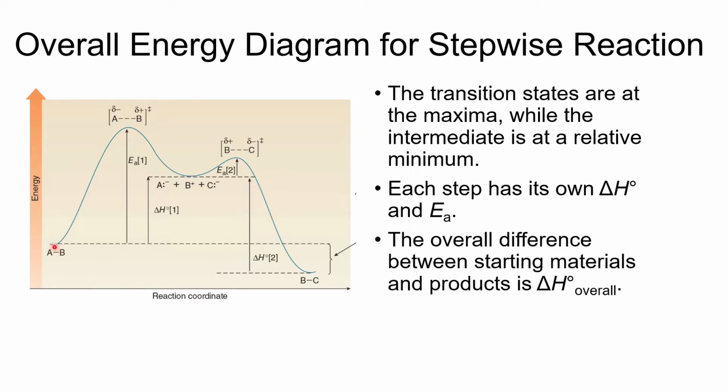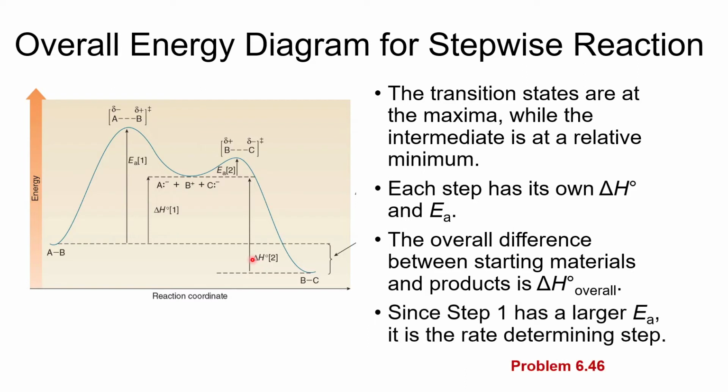If we look at the difference in energy between the reactants and the products, that will give us the delta H, at least a very close approximation of the delta H for the overall reaction. And since that first step has a larger activation energy, it is the slow step and therefore the rate determining step.